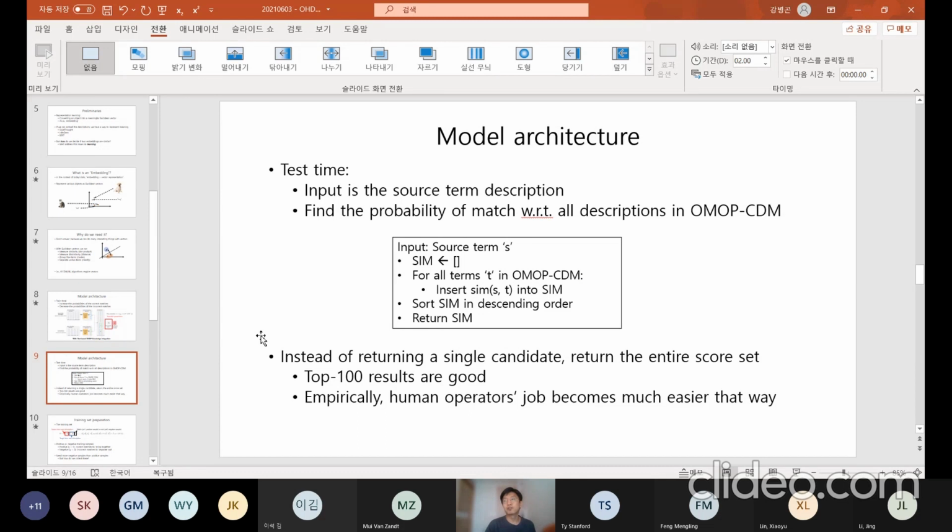And instead, as a practical compromise, we found that it'd be much more efficient to present the top 100 most similar items and have the human operator filter out the false positives in the top 100 results. And this is something that we learned from the actual operators, that their jobs would become significantly easier if one good matching was to be included in the top 100 results.